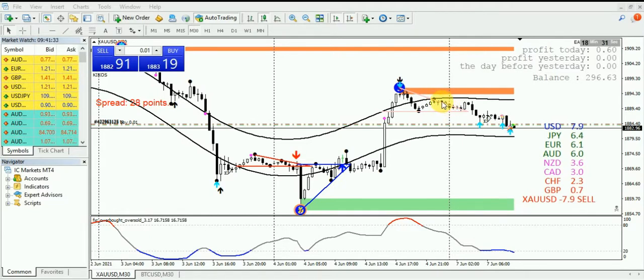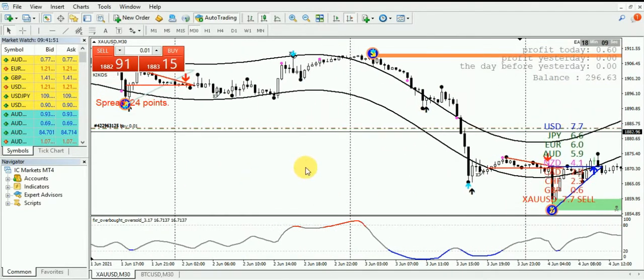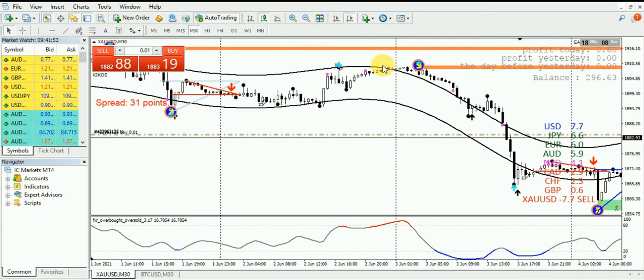After the market has opened around 10 p.m., that is according to my time in my country, but it could be an international time frame, the market closes at 9 and opens at 10, but gold will definitely open somewhere between 10:30 and 11.